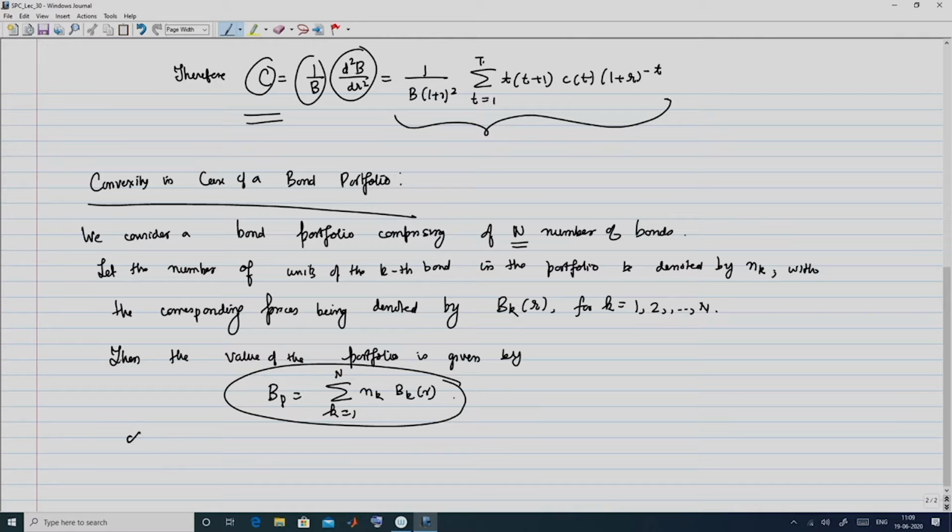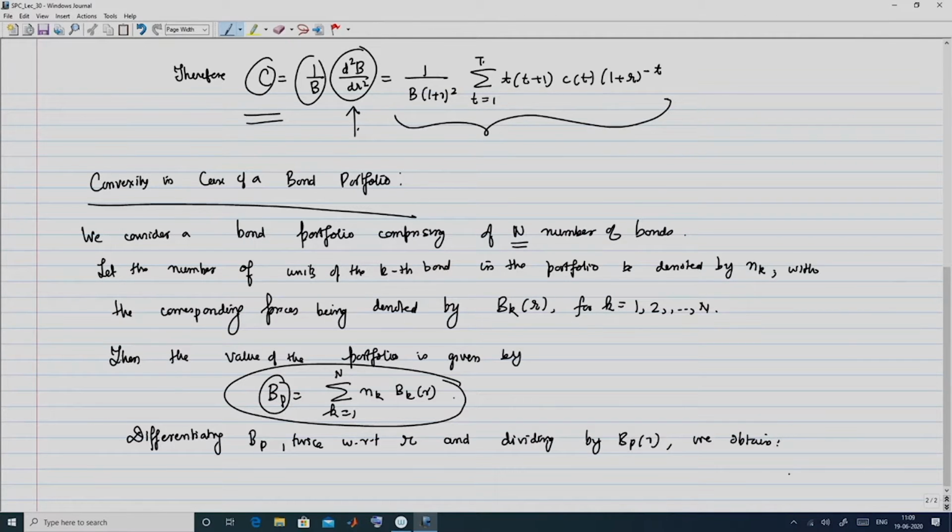Now, if you want to find the convexity of this bond portfolio, what you need to do is differentiate B_p twice. Remember, this is the definition of convexity. So, we need the second derivative with respect to r, and then divide this by B_p(r).